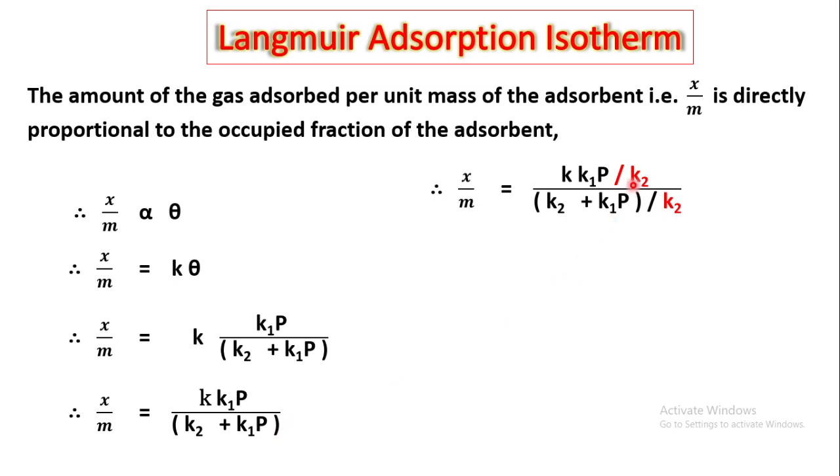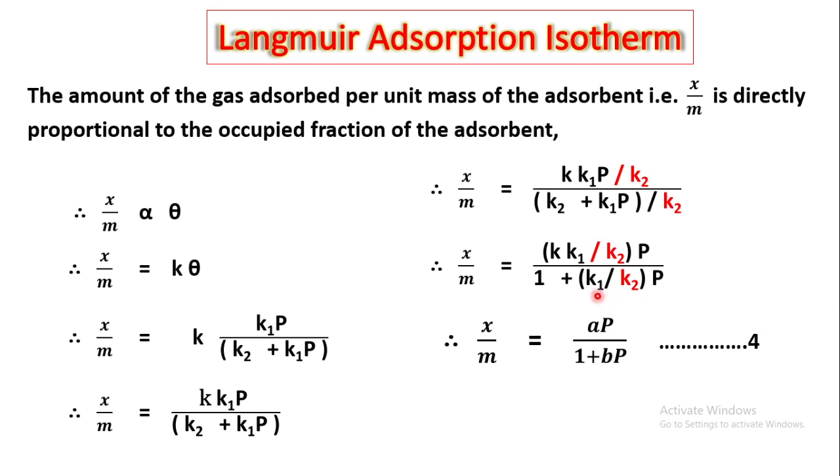Now divide numerator and denominator by k2. We will divide both the numerator term and denominator term by k2. Then simplifying, we get k into k1 upon k2, p, upon 1 plus k1 upon k2 into p.